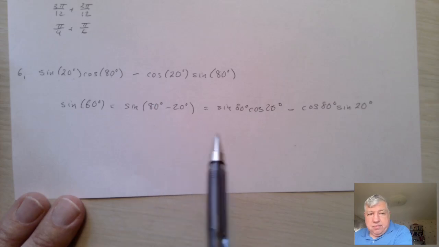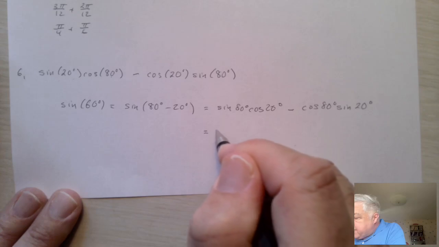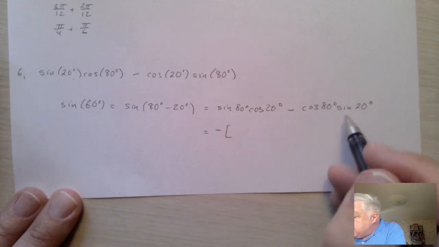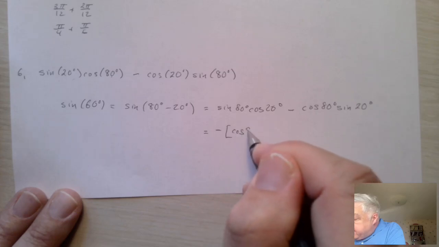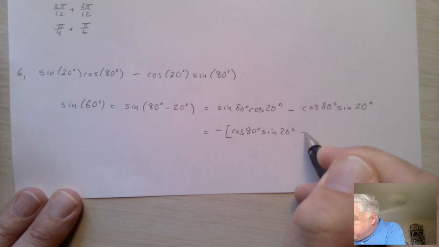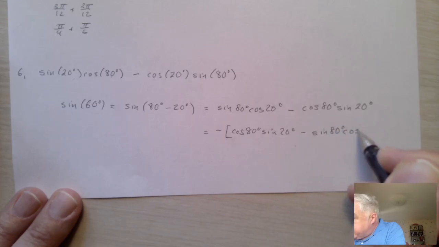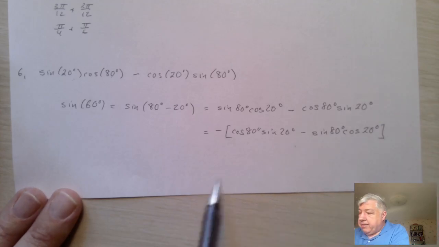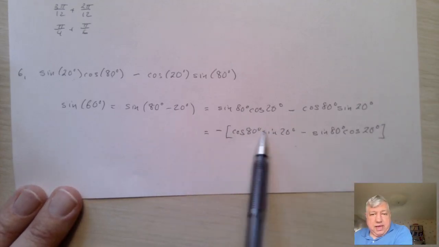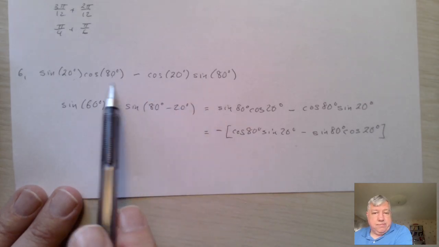But that's okay, because we can just pull out a minus sign and say this is minus, and then this will be the cosine of 80 sine of 20 minus sine of 80 and cosine of 20. Pull out a minus sign, and this now is what we're asked to find.